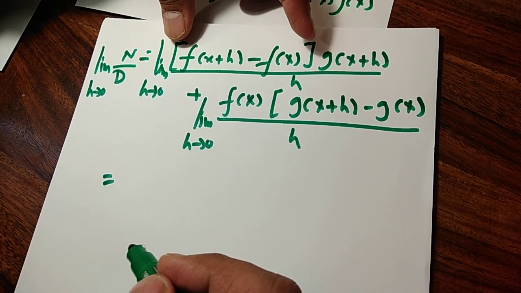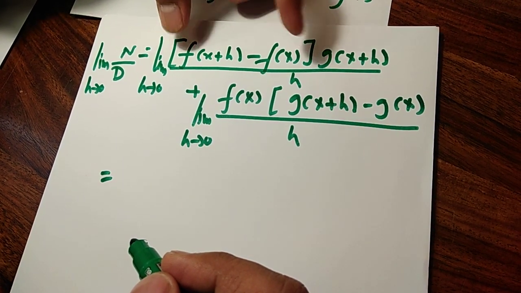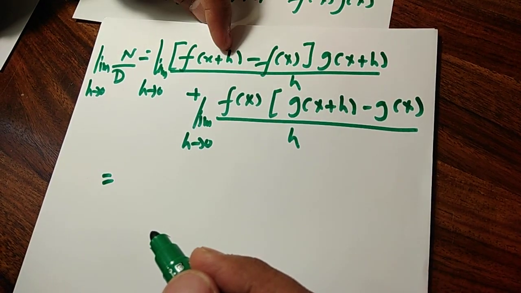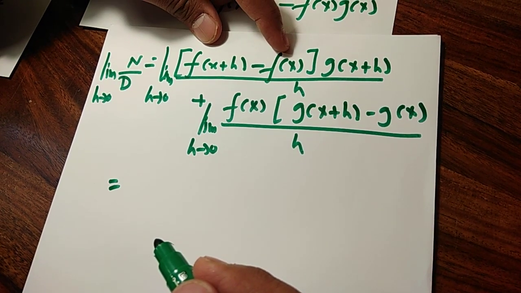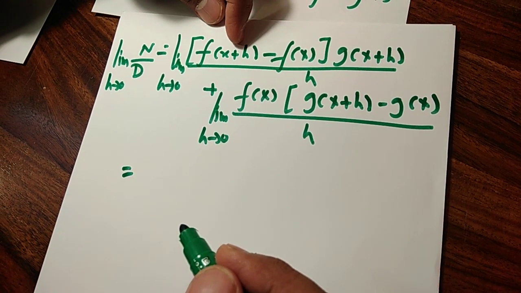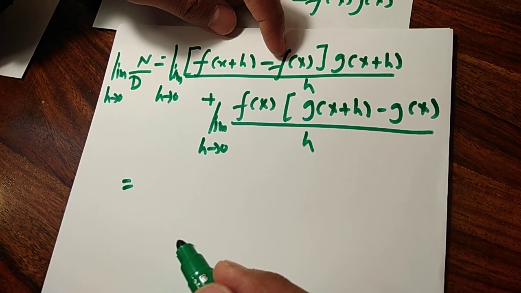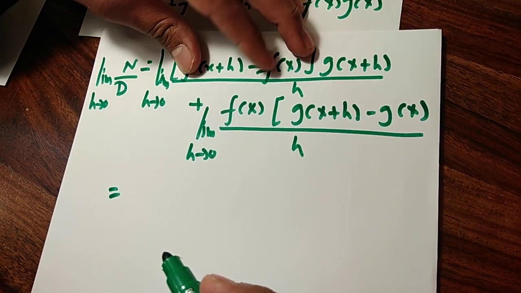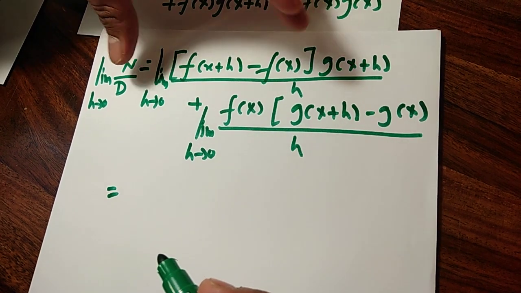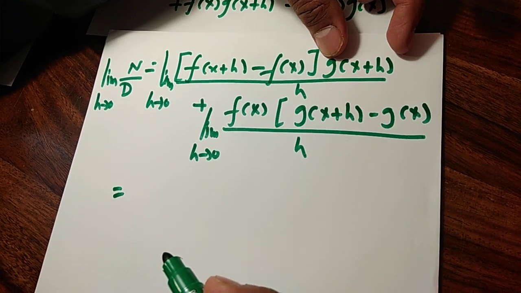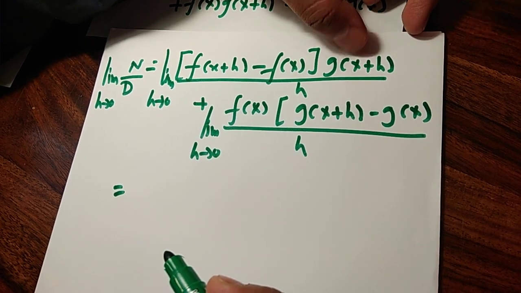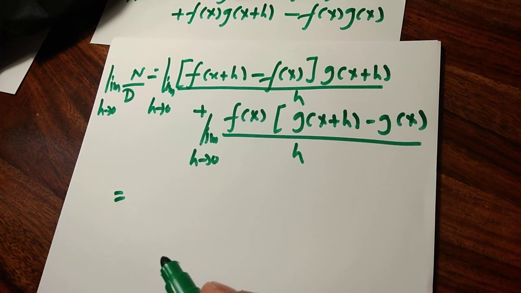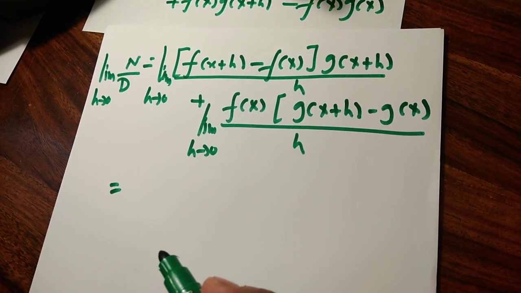What is that? Let's look at this piece. This is 0 by 0 form. As h goes to 0, f of x plus h minus f of x will also go to 0, because when h goes to 0 this becomes f of x, so this minus this is 0, and the denominator is 0. This is what a derivative is: the limit of this piece is the derivative. And if you are worried about what g of x plus h is, that's trivial. Remember, the limit of a product of two functions is the product of the limits.